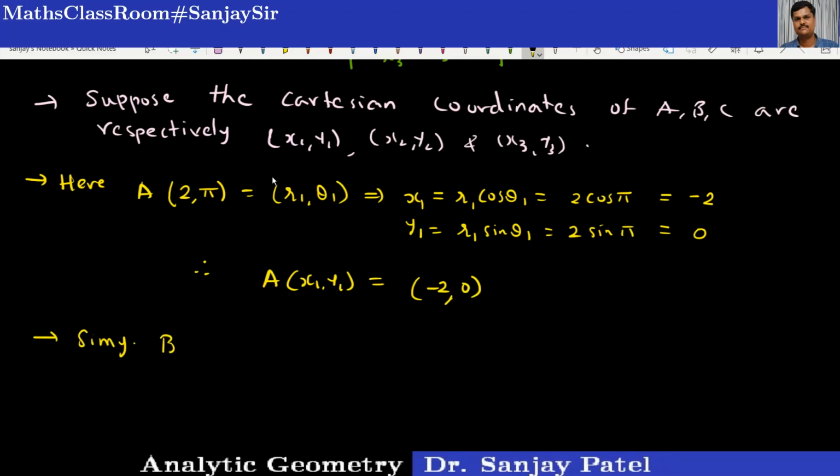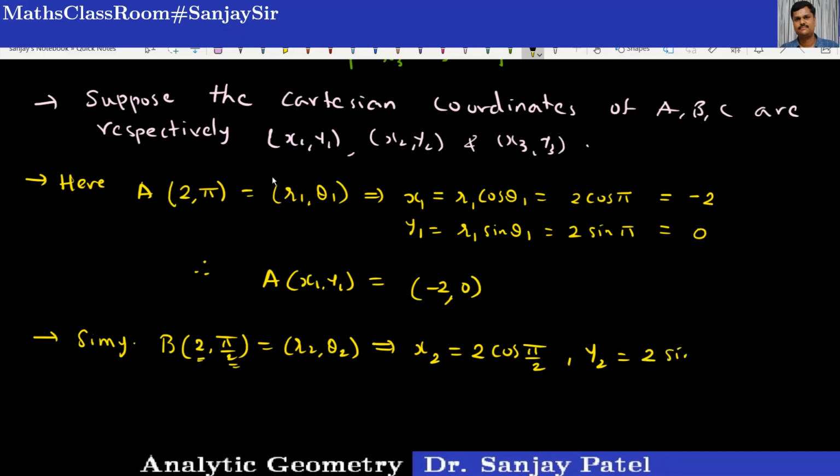Similarly, for the point B, which is 2 comma pi by 2, which we have assumed as r2, theta 2, I will write directly: x2 is equal to r2 cos theta 2, that is 2 into cos pi by 2. This is r2 and this is theta 2. And y2 is equal to 2 sin pi by 2, that is r2 sin theta 2.